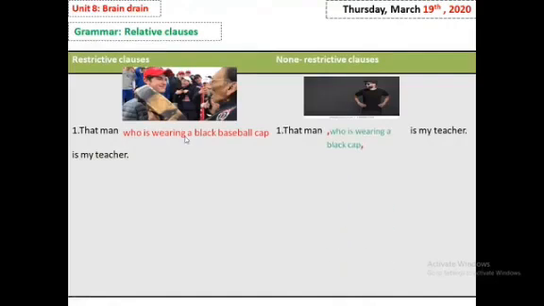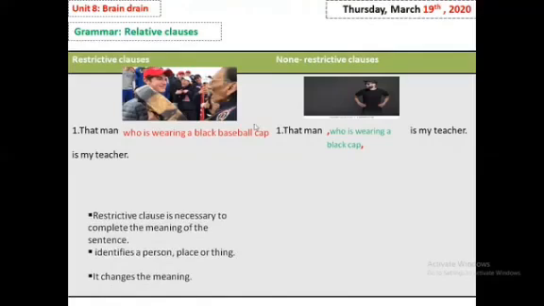However, in the other example, that man is my teacher, it's clear because there is only one, but you can add "that man who is wearing a black cap is my teacher". So this one is a non-restrictive clause. It's additional information. You just add it, but if you eliminate it, then the meaning does not change.